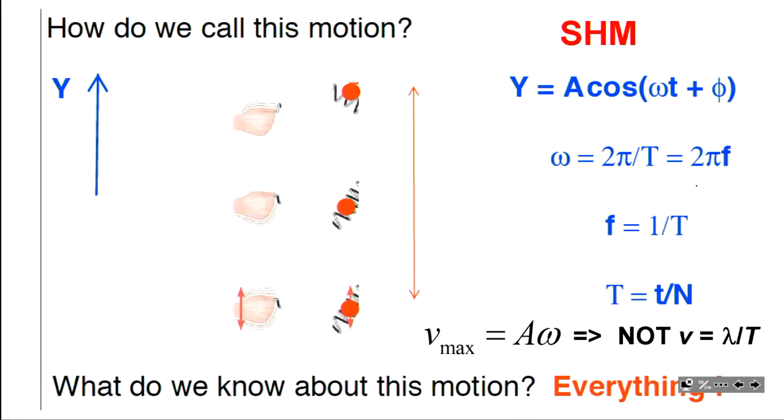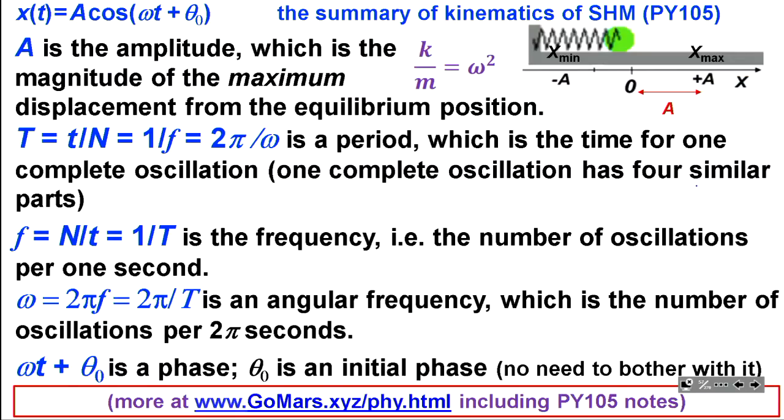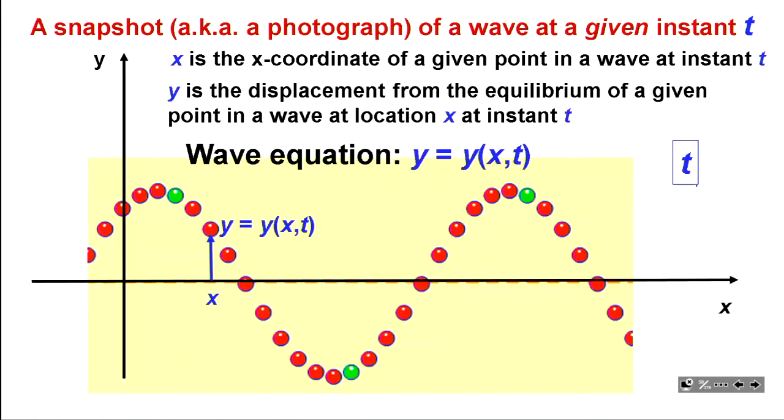So what do we know about simple harmonic motion? Everything, including equations. This is just a copy from PY105. So refresh it. And now we just have to use that knowledge to derive an equation for a wave.